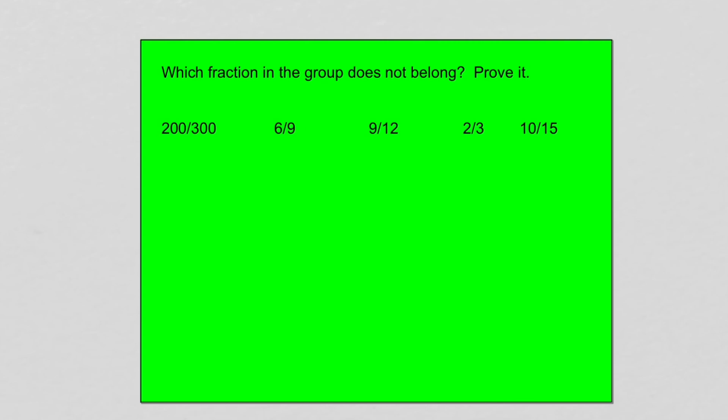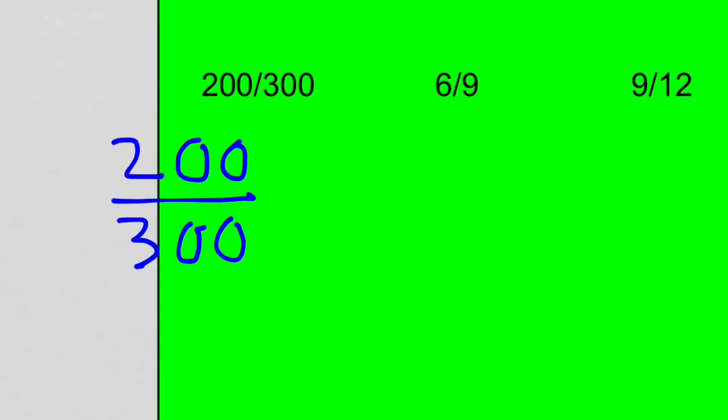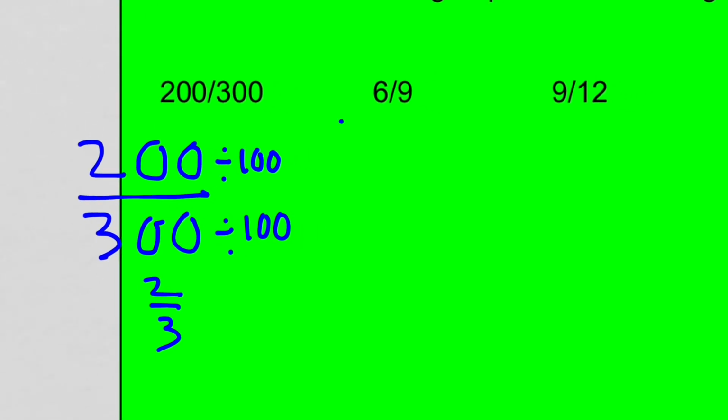So what we do is we put them all in lowest terms. So 200 over 300. If I put that in lowest terms, I can divide by 100, divide by 100, and I get 2/3. And I know 6 over 9, I can divide by 3, divide by 3, and I get 2/3.